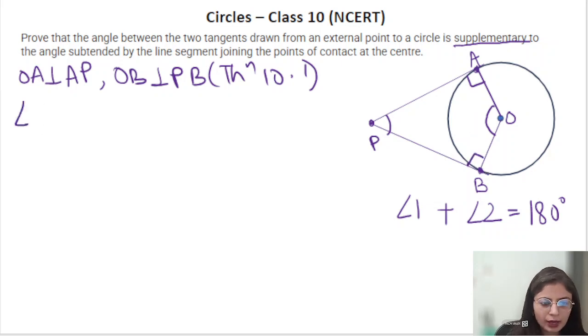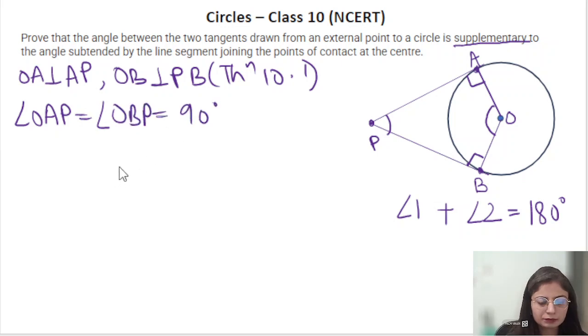So angle OAP equals to angle OBP equals to 90 degrees, right? Now OAPB forms a quadrilateral. Now sum of all angles of a quadrilateral is 360. So let's write the sum of all four angles.